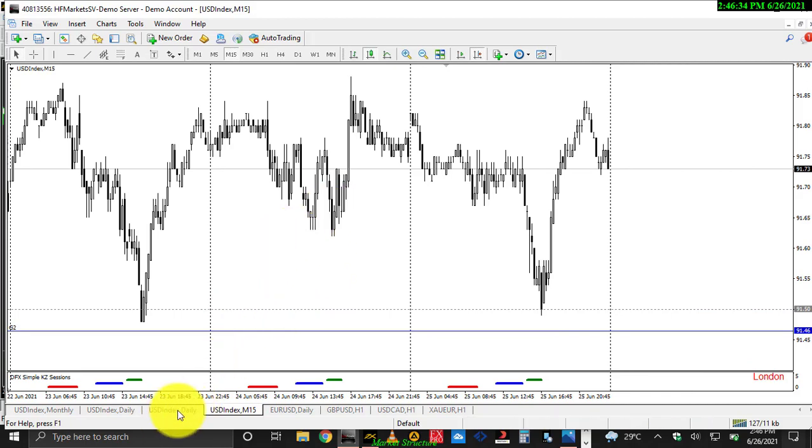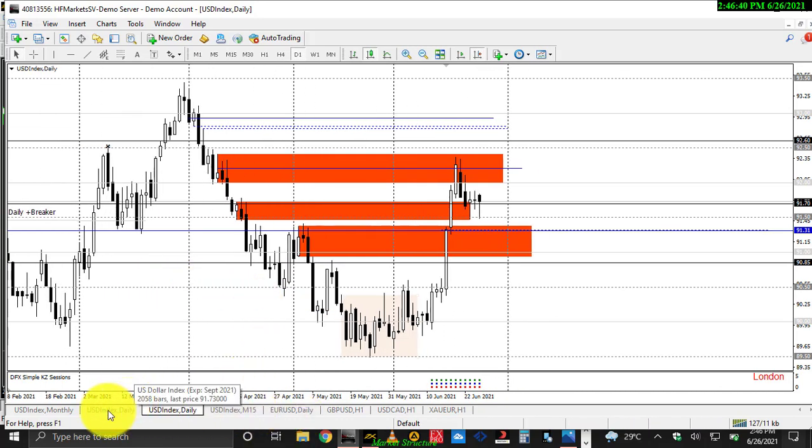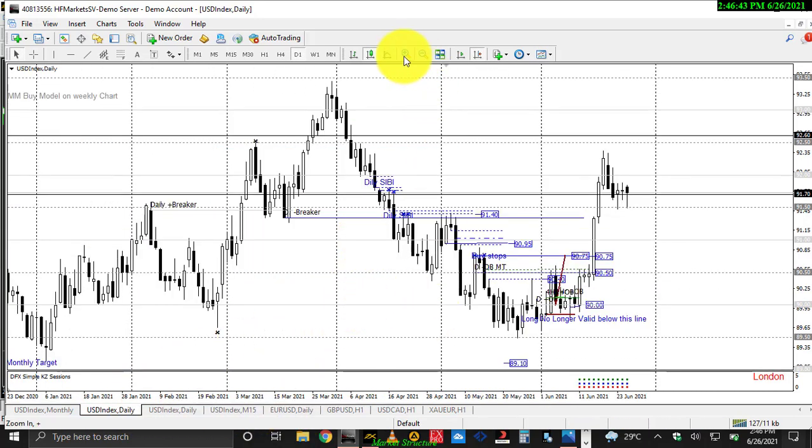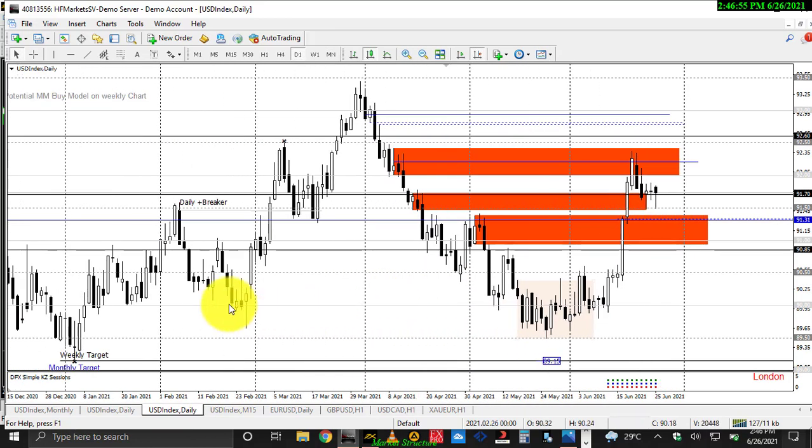But before that, just a quick update on my previous analysis on the dollar index. If you watched the previous videos, I was calling for a buy around this area where I've used this rectangle to mark.